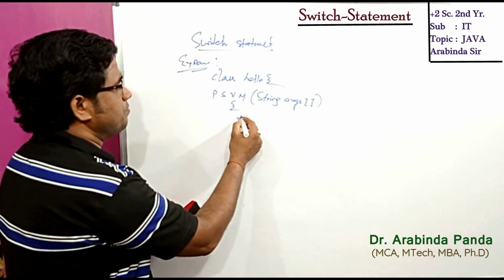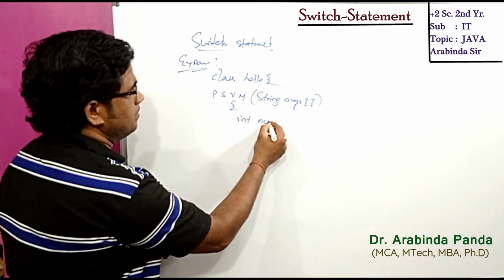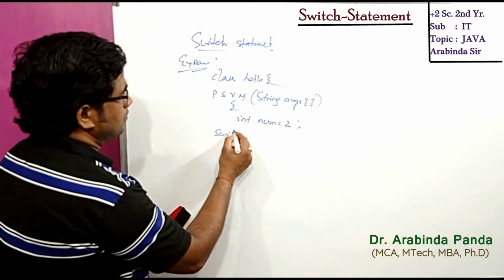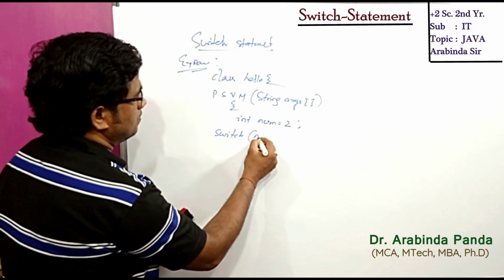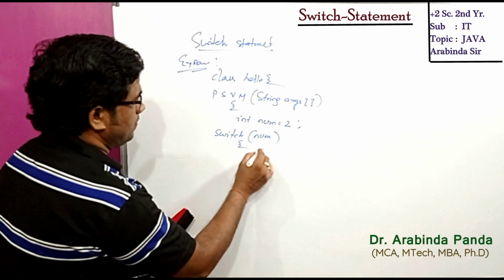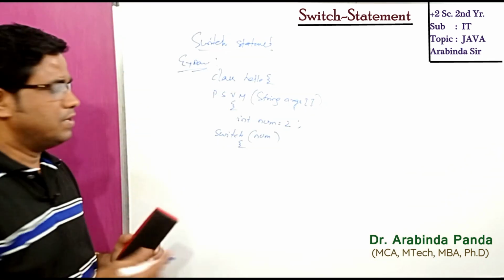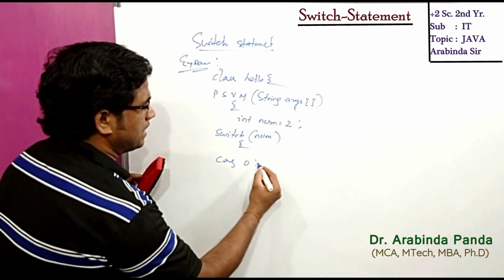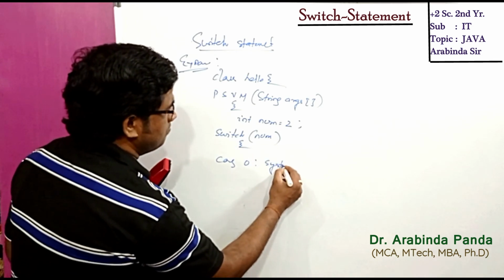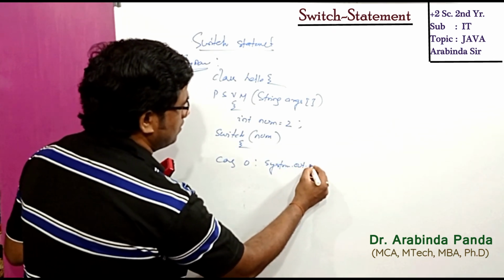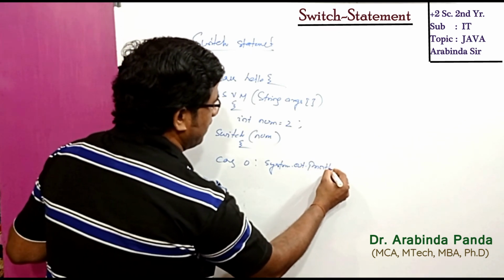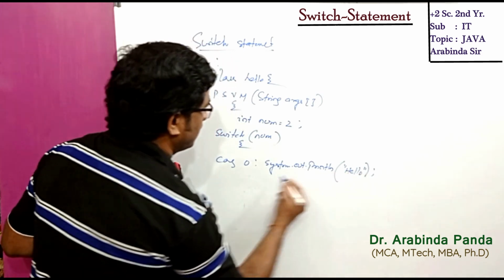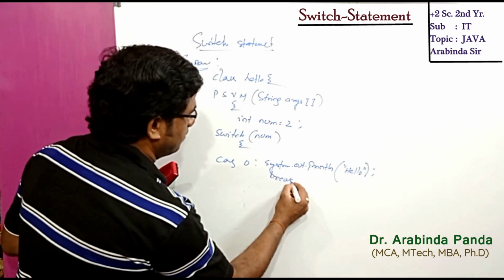Then suppose here I have taken int norm equal to 2, then switch norm, okay, switch norm, case 0, suppose System.out.println hello, okay, and break.